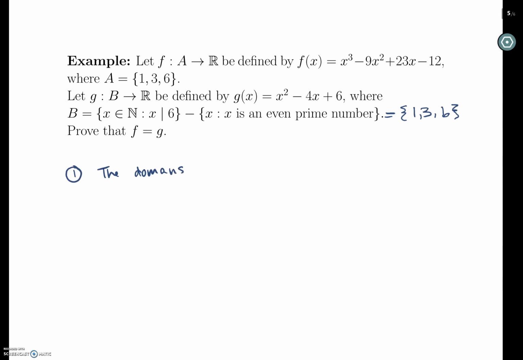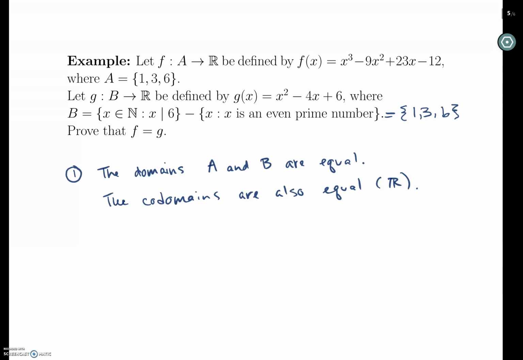The domains A and B are equal, so that's good. The codomains are also equal; note that they are both the real numbers.